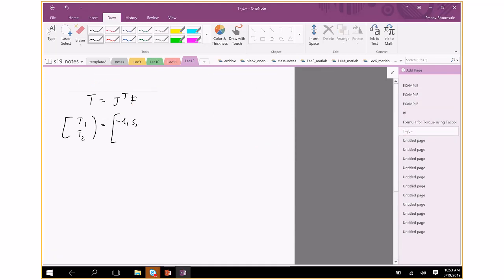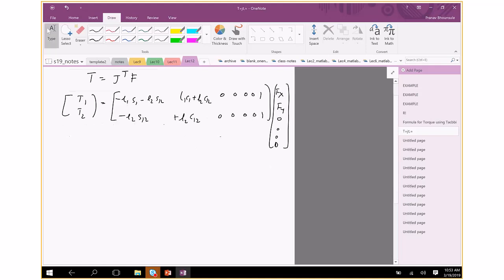L1 S1 minus L2 S12, minus L2 S12, L1 C1 plus L2 C12, L2 C12, then 0 0 0 0, 1 0 0 0 0 1, and then the forces Fx, Fy, 0 0 0.